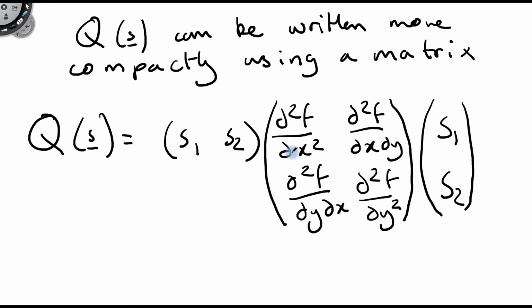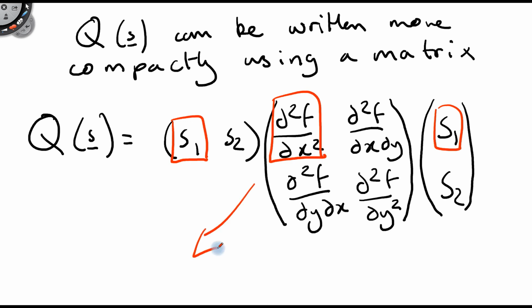So let me just give you a few examples of how this relates to those terms before. You have S1, you pre-multiply by that term, so that term will multiply by S1, that term will multiply by S1, and that will then give you this S1 squared d2f by dx squared, which is one of the terms we had before. So that's one example.